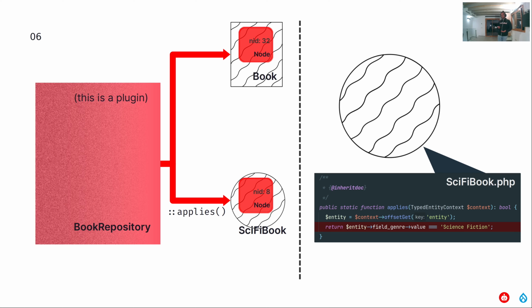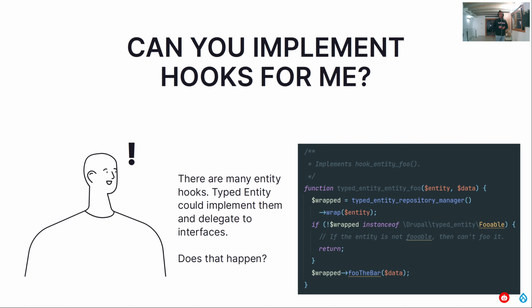Now, sci-fi book may implement different interfaces that book does not, right? And at this point, you could be tempted to think, and it would be awesome if you did, because that means that I have inspired this idea, or maybe you already had it: could type entity implement hooks for me?